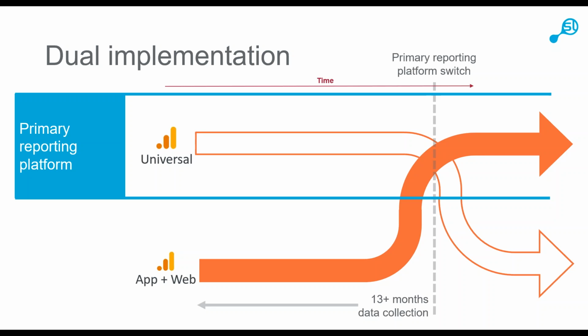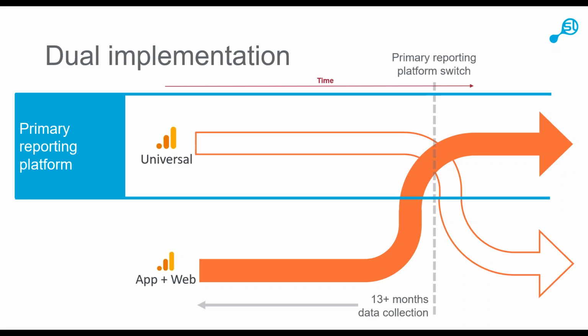We would always recommend that before you migrate, if you wait too long and then implement it, I wouldn't recommend migrating as your primary reporting platform until you've collated enough historic data to make comparable decisions from. So at least 13 months' worth of data to then be able to get the full benefits of that as your primary reporting platform.